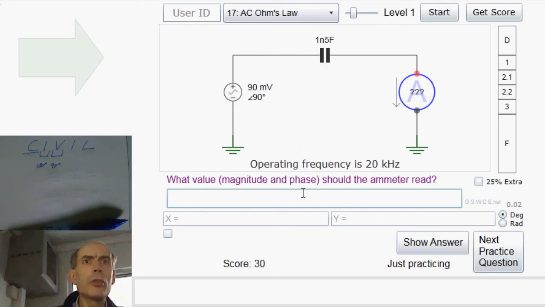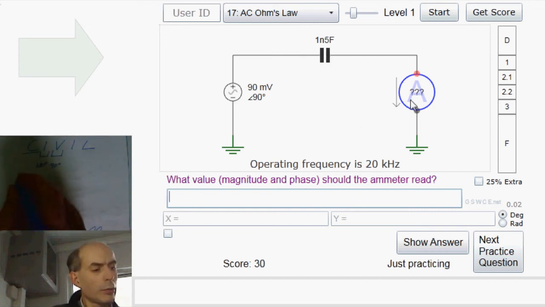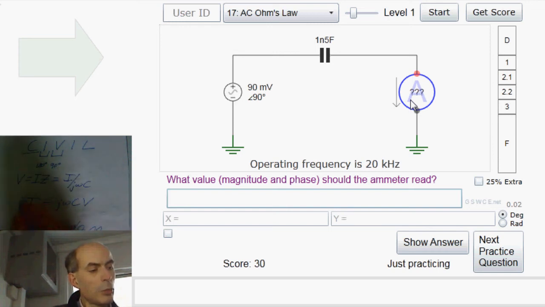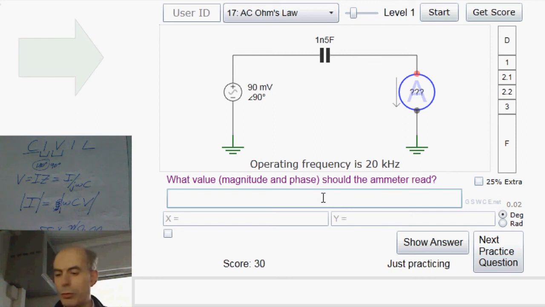We know what the capacitance is in farads, but to work out the current using V equals IZ, or here V equals I over j omega c, we're going to need to take I equals j omega c times V. We know the phase of the current, already worked that out, 180, but the magnitude of the current is going to be given by omega c times V, which is 2 times pi times 20 kilohertz here, that's the frequency we're going at, multiplied by the capacitance, 1.5 nanofarads, multiplied by the magnitude of the voltage, 90 millivolts.